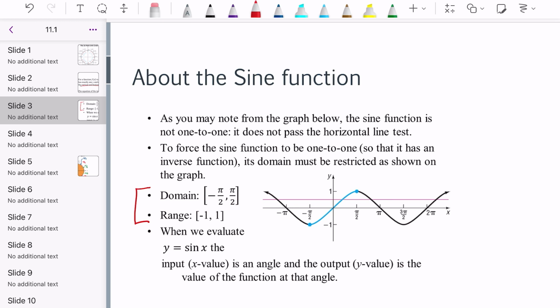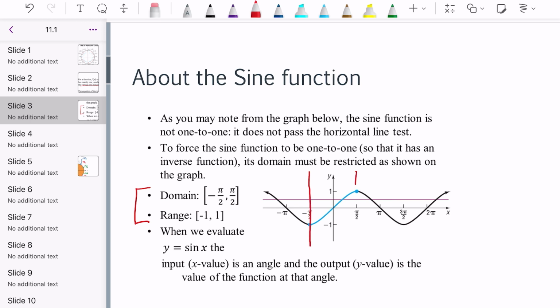As the graph of sine is a wave function, it will not pass the horizontal line test. You can see here on the graph, it runs through multiple points moving from left to right. What will generally happen is that we will narrow down the view.